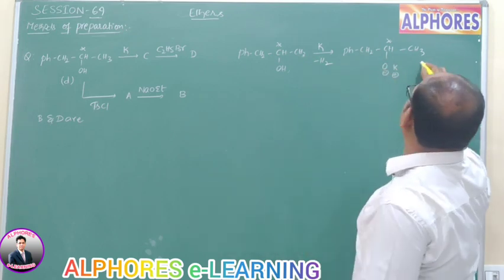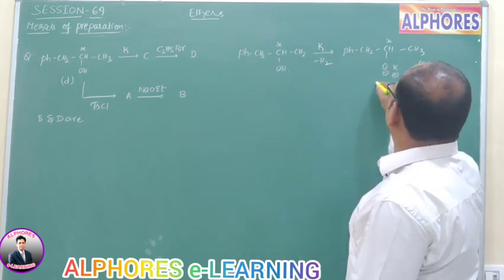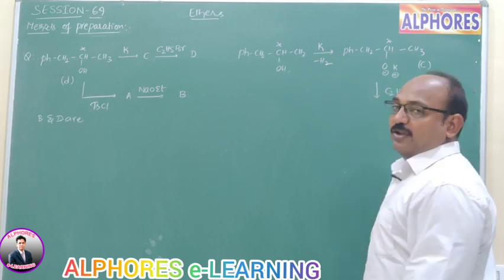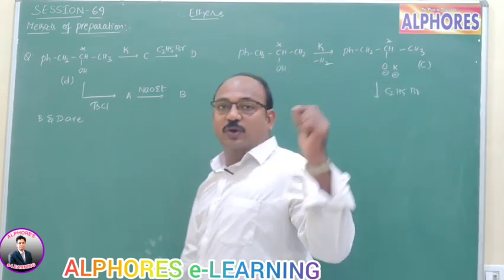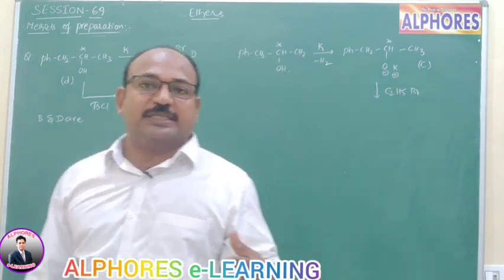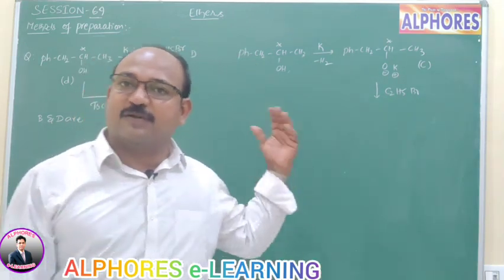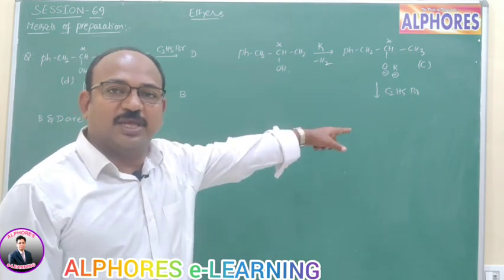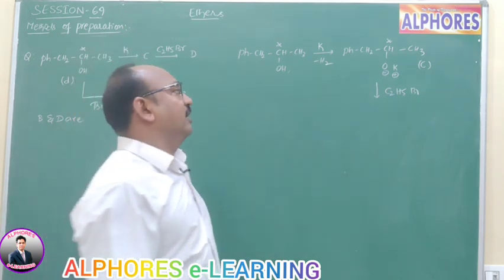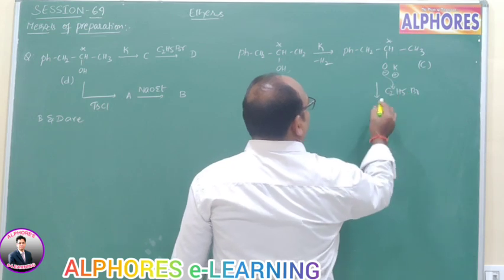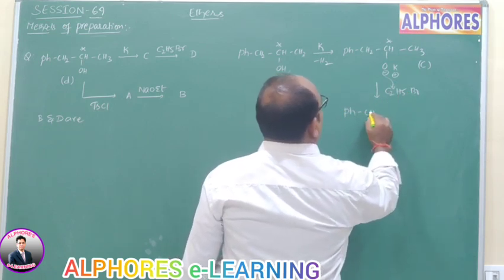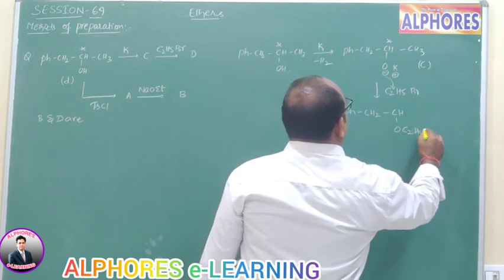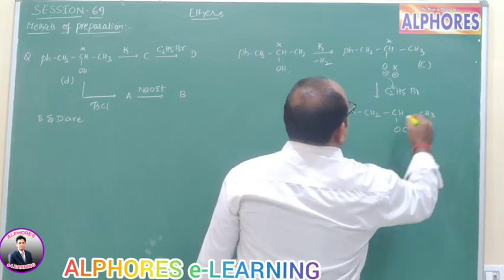Now this is compound C. This one upon treatment with ethyl bromide looks like Williamson synthesis: an alkoxide upon reaction with an alkyl halide forms an ether. Now this O minus attacks this carbon, and we get Ph-CH2-CH(OC2H5)-CH3.